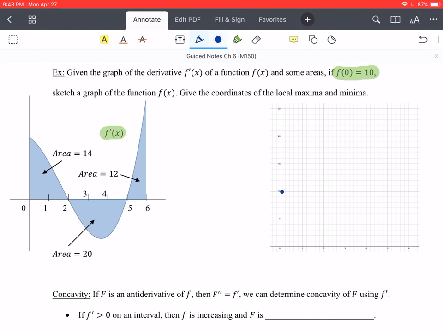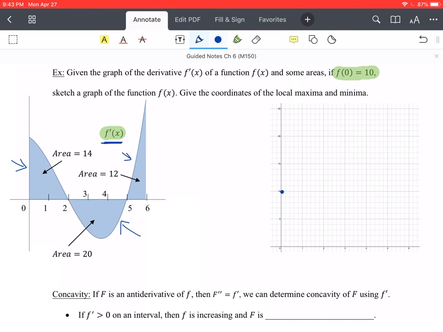Now, in order to solve this, let's look at the behavior of the graph. Again, this graph is the derivative. So if this area is above the x-axis, that means that the slope of the original is positive, and similarly, this means the slope of the original is negative, and this slope of the original is positive.